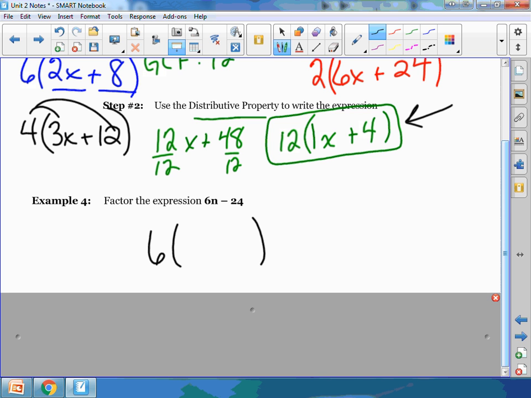What would be in each group? Max? Well, 6 groups of what? Like, yeah, imagine the rectangle. I have 6 rows. Ava? 1. Yeah, 1n minus 4 or plus a negative 4. Either way. Good.